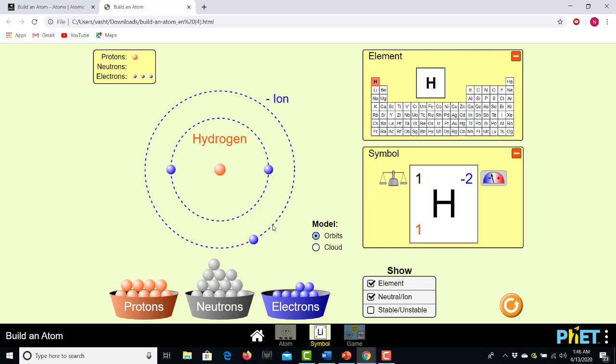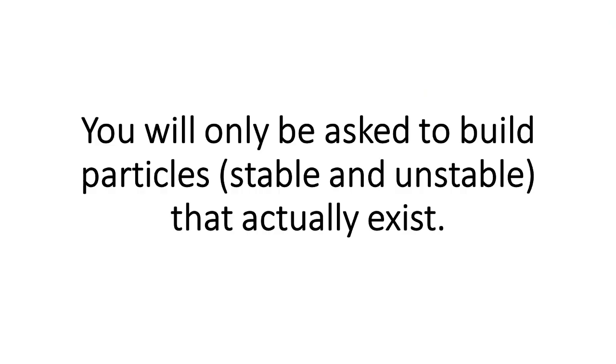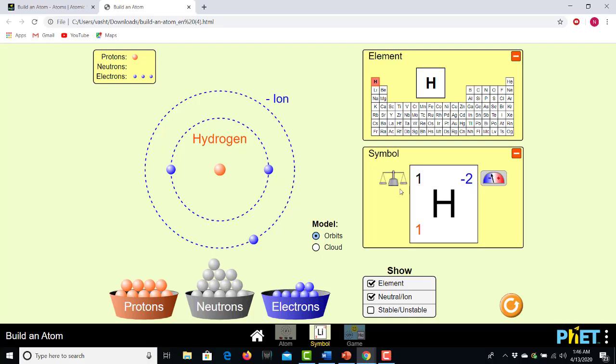Okay, so I built this with the simulator, a hydrogen with a -2 charge, but this does not exist. So the lesson there is that with this simulator, we can build some things that don't exist. You're only being asked to build species that actually exist.